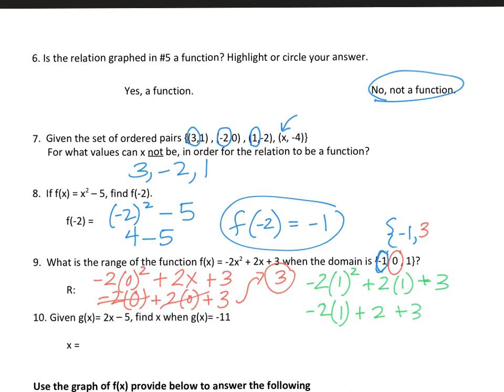Now we are going to have negative 2 plus positive 2 plus 3. That is going to give us 3. So we have 3 twice for our range. However, we only need to write it once. So our range is negative 1 and 3.